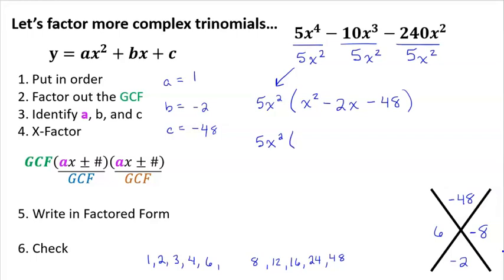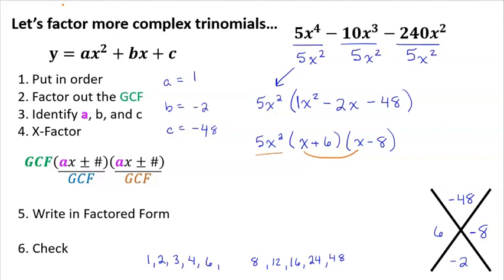Here we're going to do Ax, and A, remember, is 1, and so we've got x plus 6, and then x minus 8. And then if you wanted to check this, you could think of it this way. We've got x times x, which is x squared.